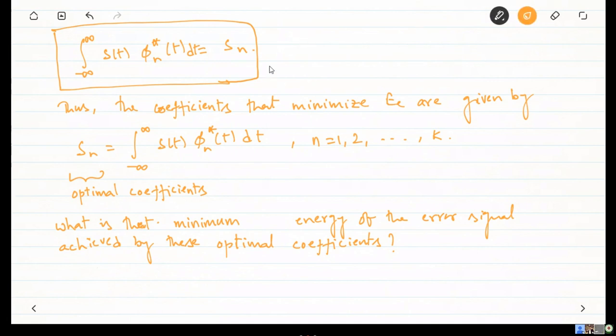I want to give one physical interpretation of what this Sn is.